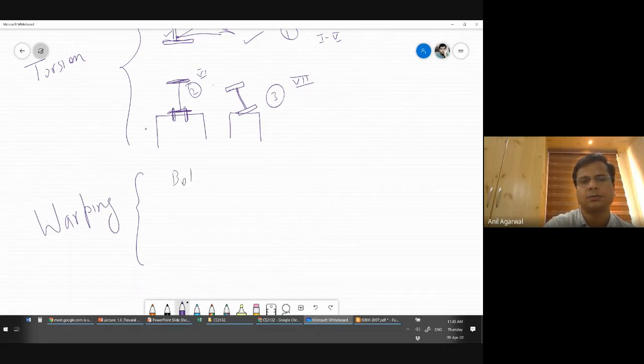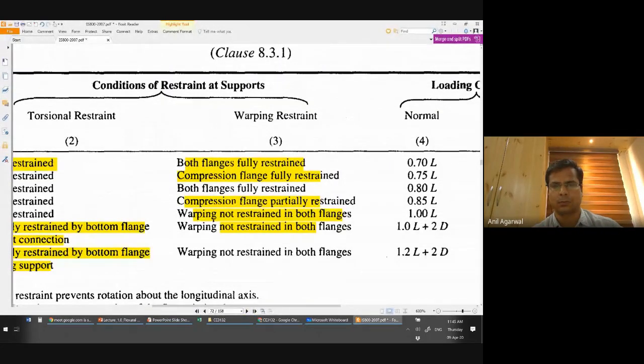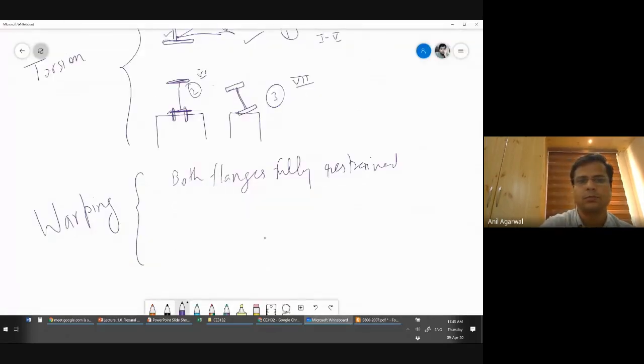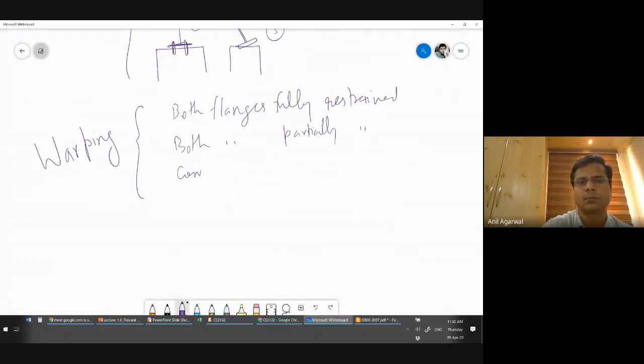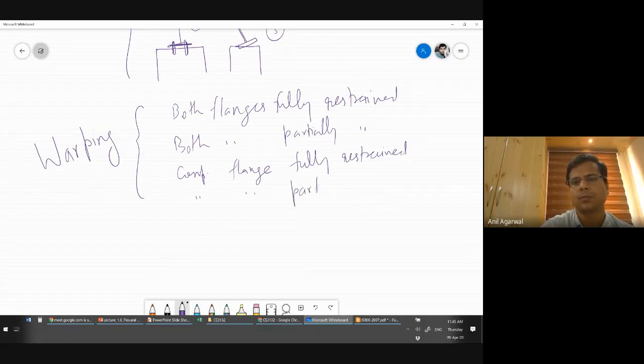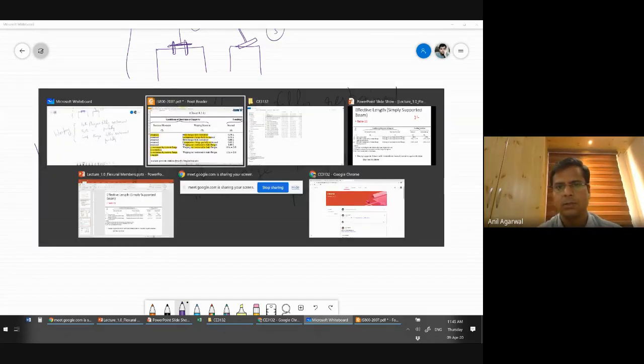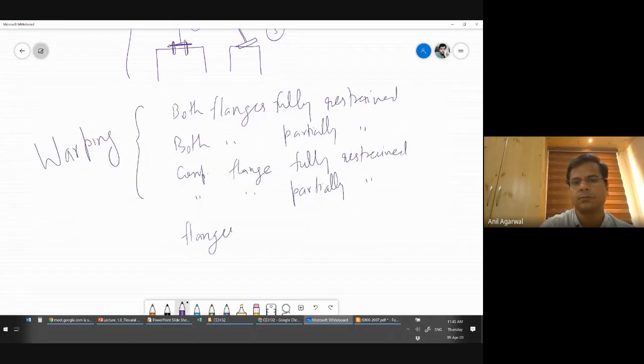Warping both flanges fully restrained, both flanges partially restrained, compression flange fully restrained, compression flange partially restrained, and flange is not restrained against warping.